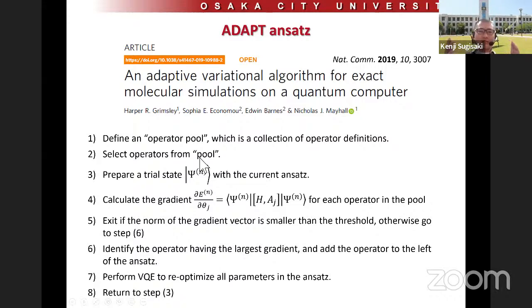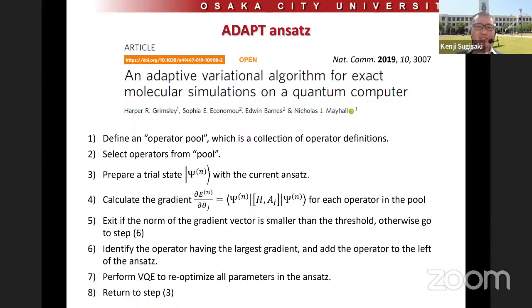So in the adaptive VQE, we can think about the situation where we have hundreds of excitation operators. In the conventional VQE, we generate the quantum circuit including all the excitation operators, and optimize the 100 parameters.